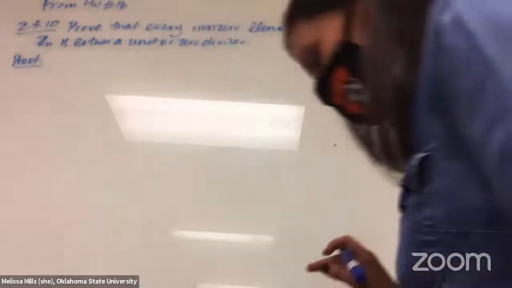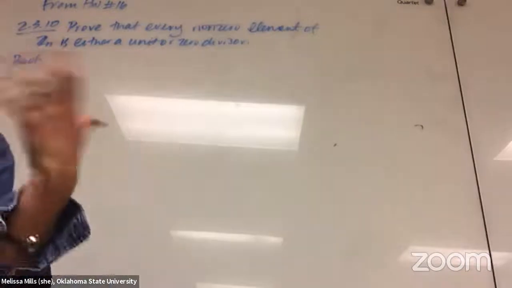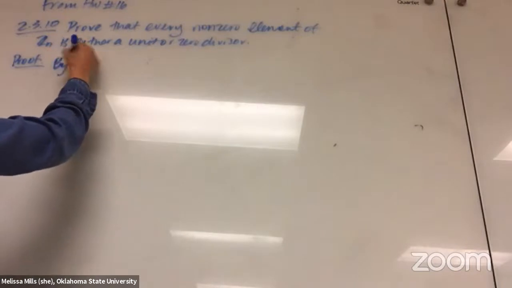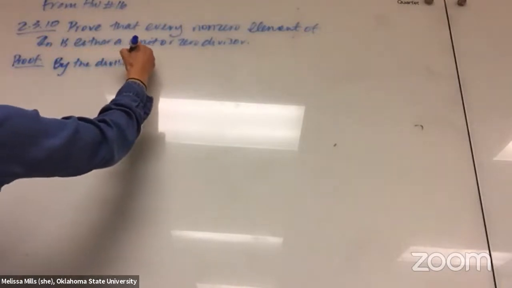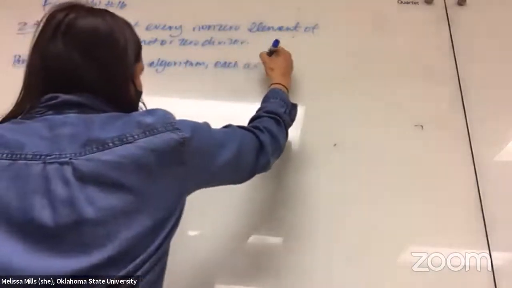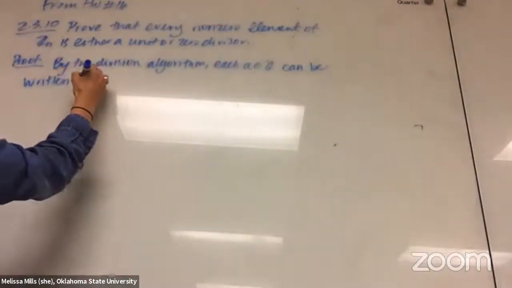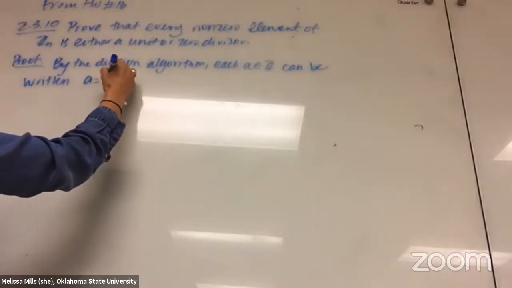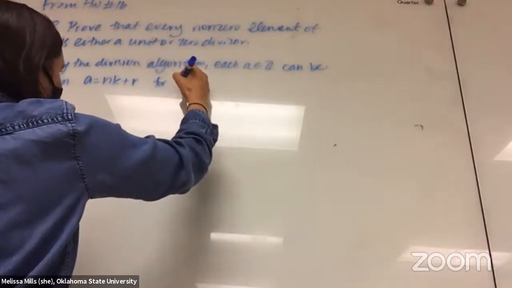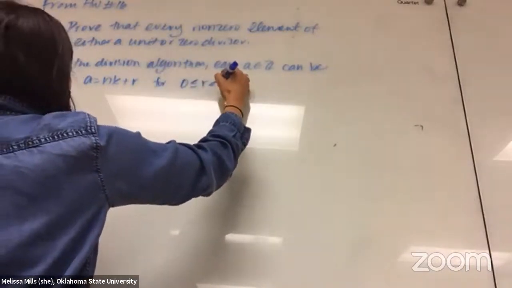So I was just going to start this proof, and maybe this is a little bit of overkill because we've kind of already done this, by saying, by the division algorithm, any element in Z can be written of the form a equals nk plus r, for 0 less than or equal to r less than n.